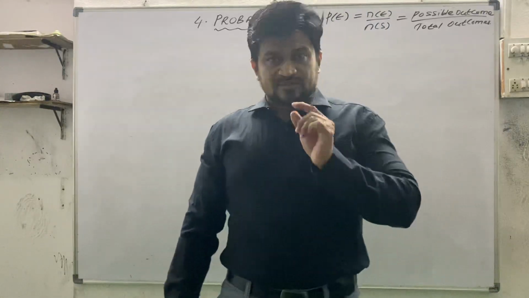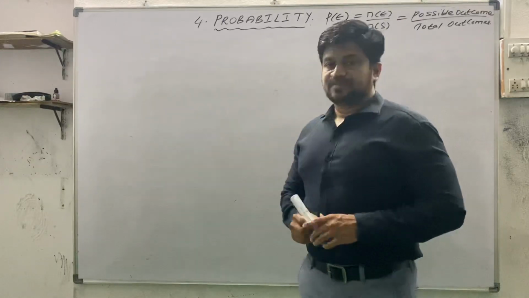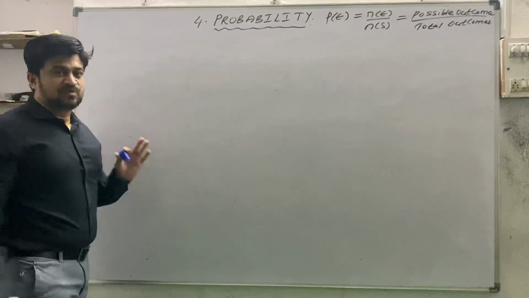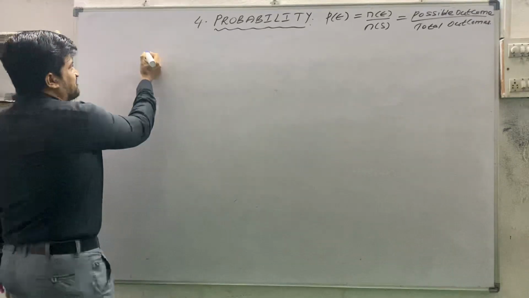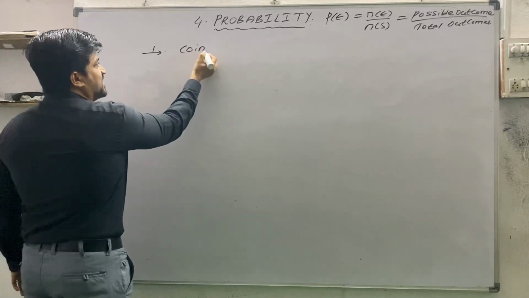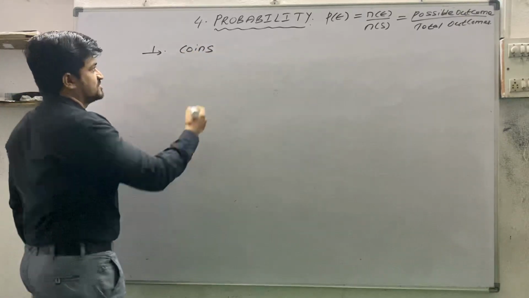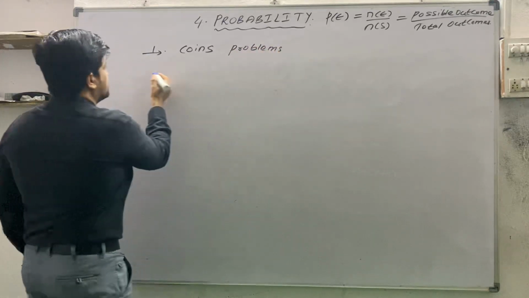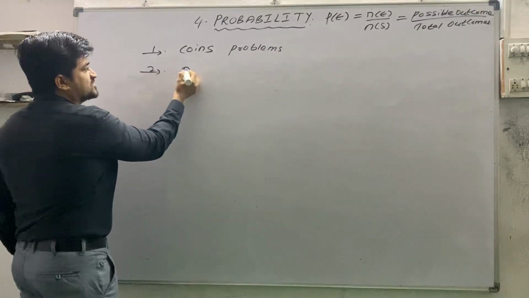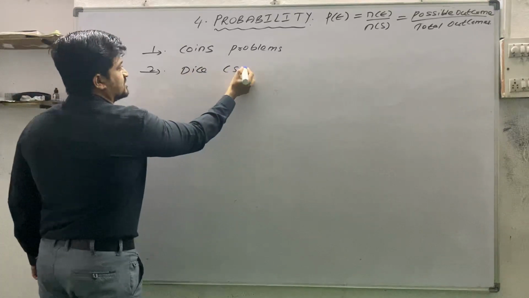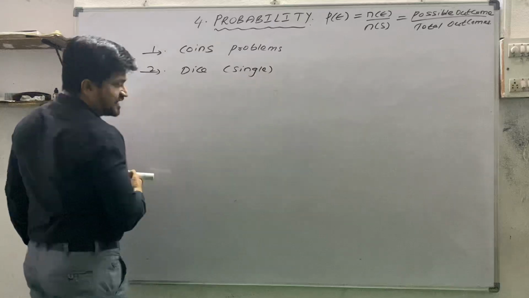You can follow stepwise. First step, we'll discuss which types of problems they'll ask in probability. First one is problems based on coins. Second, problems based on dice, single dice.